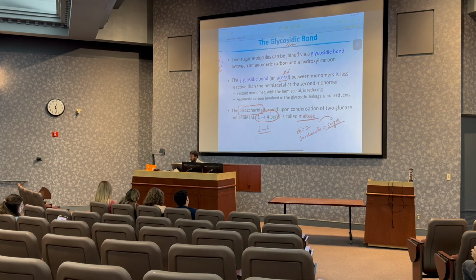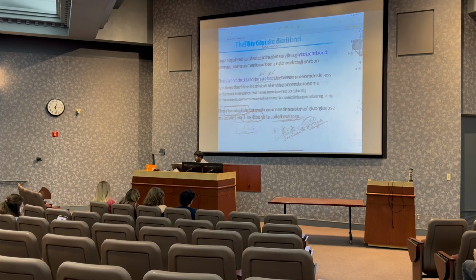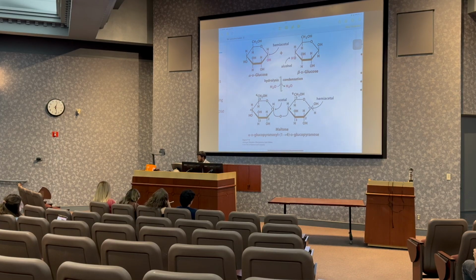If you have two sugar molecules, it's a disaccharide. If you have many, then polysaccharide. If you have just one, then monosaccharide. So this is how you name them. Let's move to the next part to understand what the 1,4 structure is.